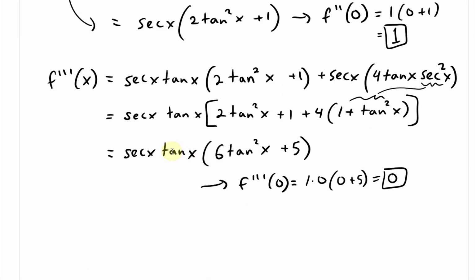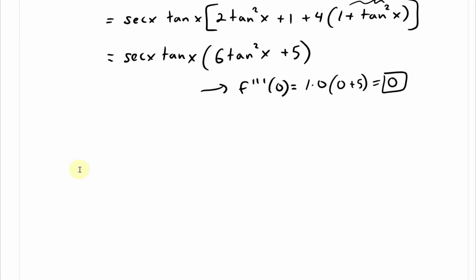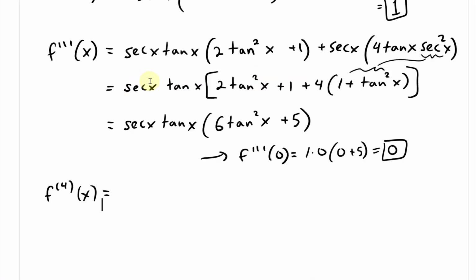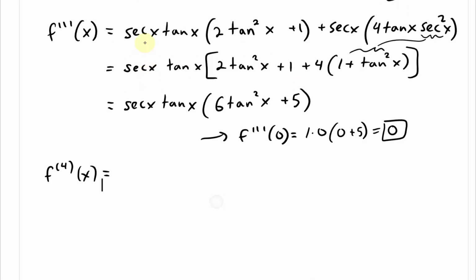Now let's do one more derivative. It's going to be a pretty fun one. So it's going to be the fourth derivative of f. And this is going to be, well, using the product rule, but now we have 3 of these products. So the derivative of secant x is secant x times tan x. There's already a tan, so it would be squared.